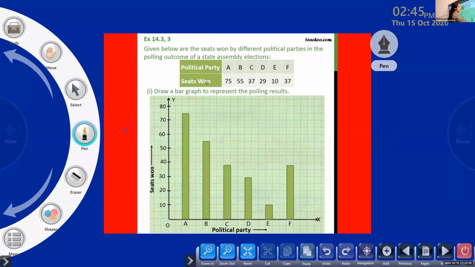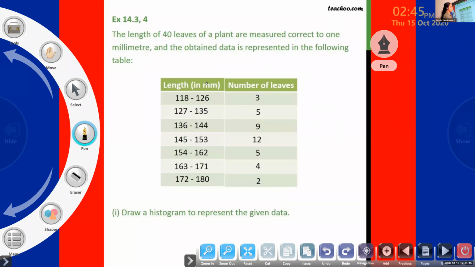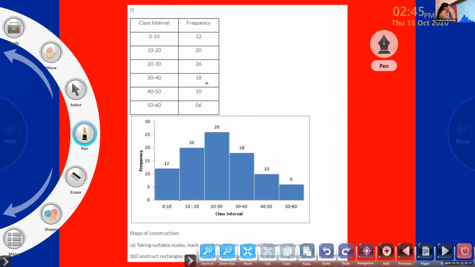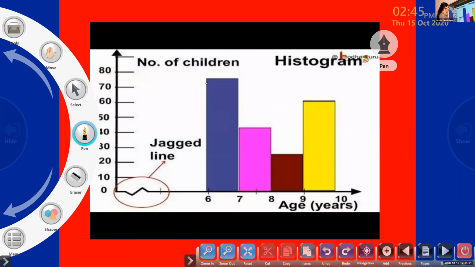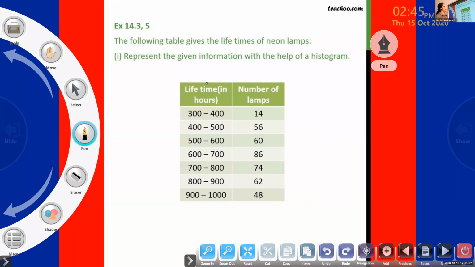Okay, next, bar graph, histogram, and look here. Children, wait, I'll show one question. See, histograms.